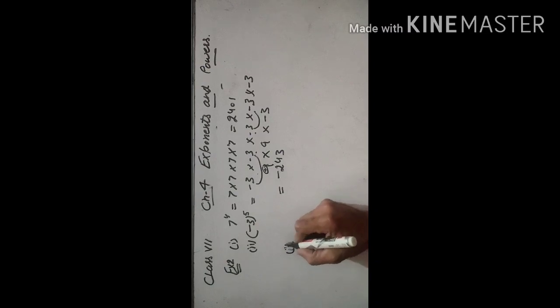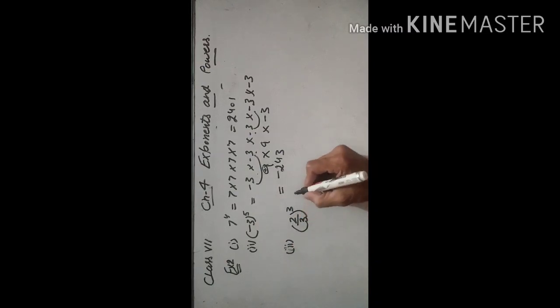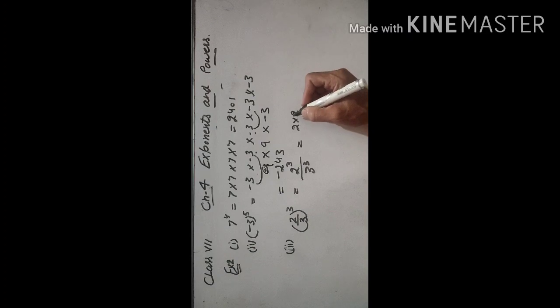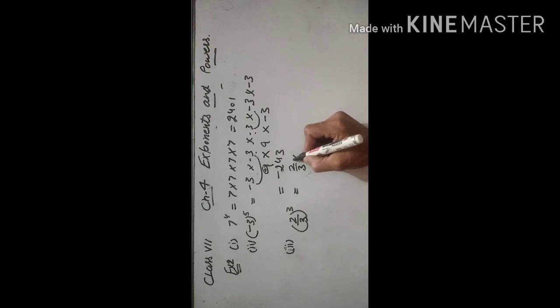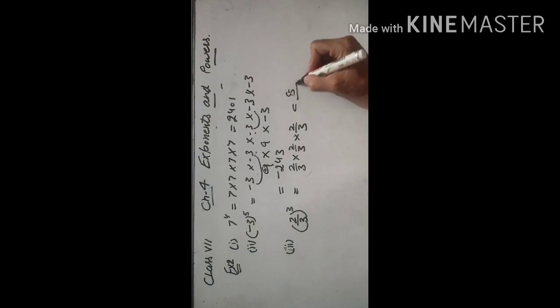Third part, (2/3) to the power 3. Now it means 2 to the power 3 upon 3 to the power 3. That means 2/3 × 2/3 × 2/3, 3 times, that is 8/27.